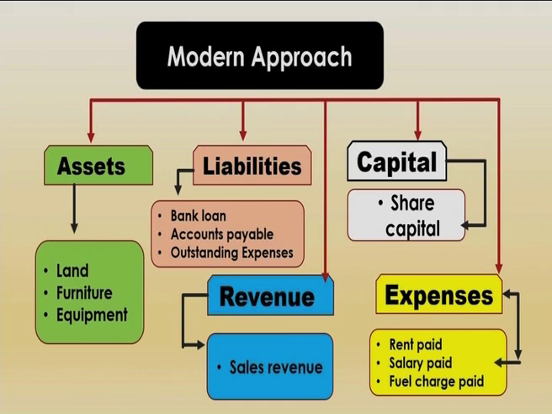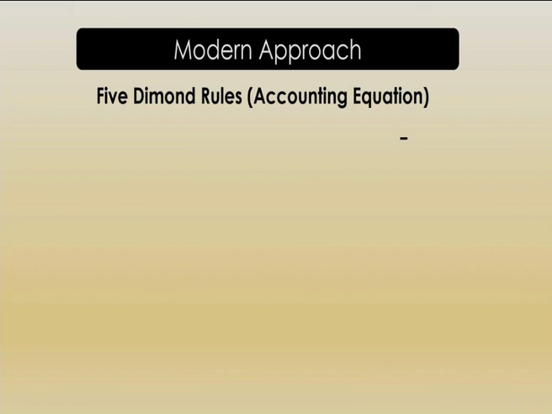Revenue consists of sales revenue, and expenses consist of rent paid, salaries paid, fuel charges paid, etc. So these are five broad categories of accounting heads under the modern approach. Again, we will discuss how this rule is used for debiting and crediting the accounts.